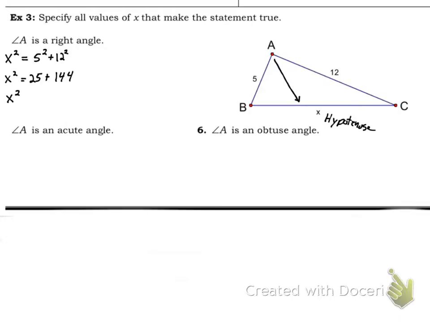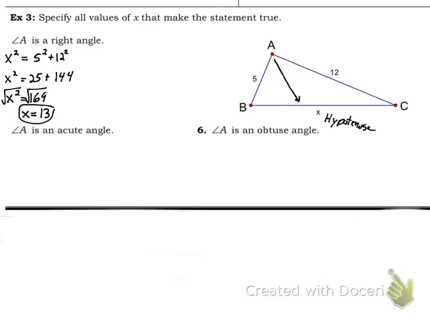So that'll be x squared equals 169. Take the square root of both sides, and you're going to find out that if x equals 13, you have yourself a right triangle.